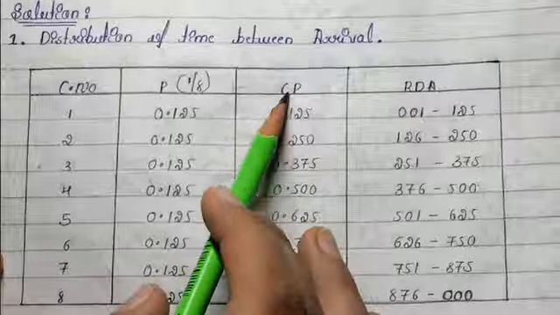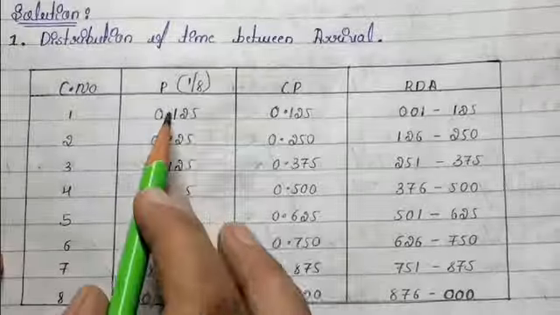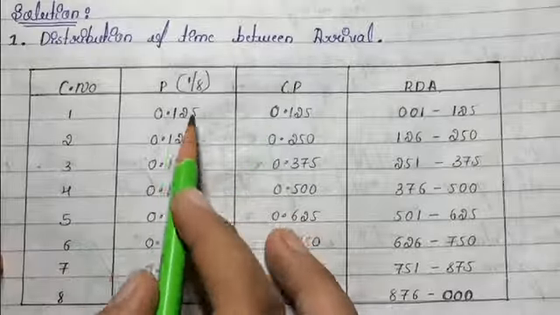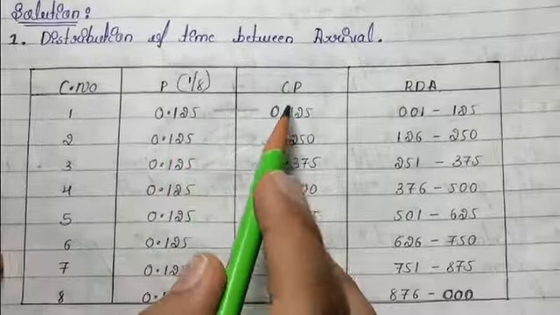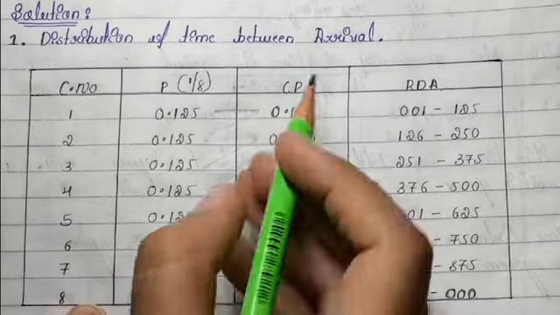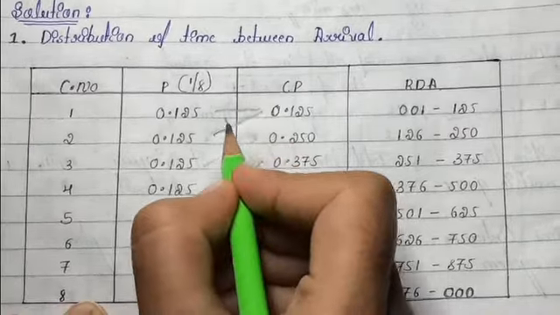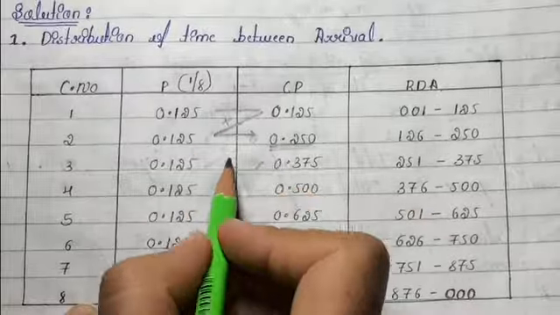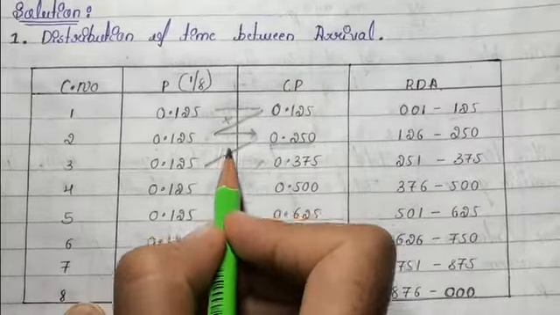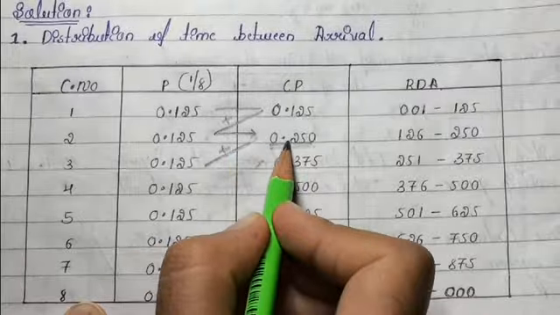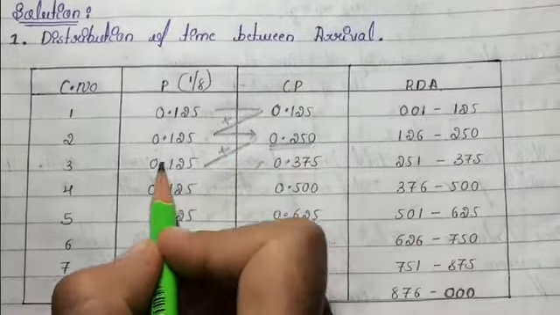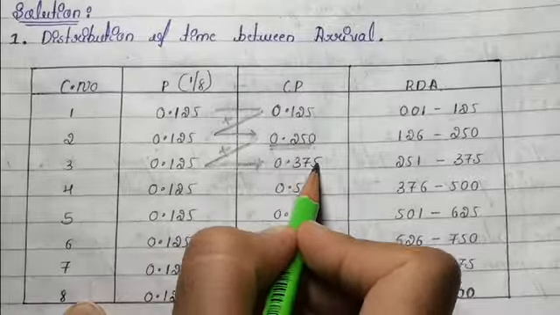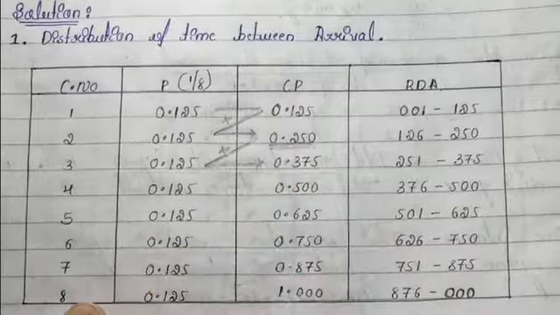Next, cumulative probability. Here the first value of cumulative probability is the probability value, keep it as it is, and for the next value you just add these two values and you will get this value, and next you need to add these two values, that is 0.250 and 0.125, then the value is 0.375. Continue for the other values.